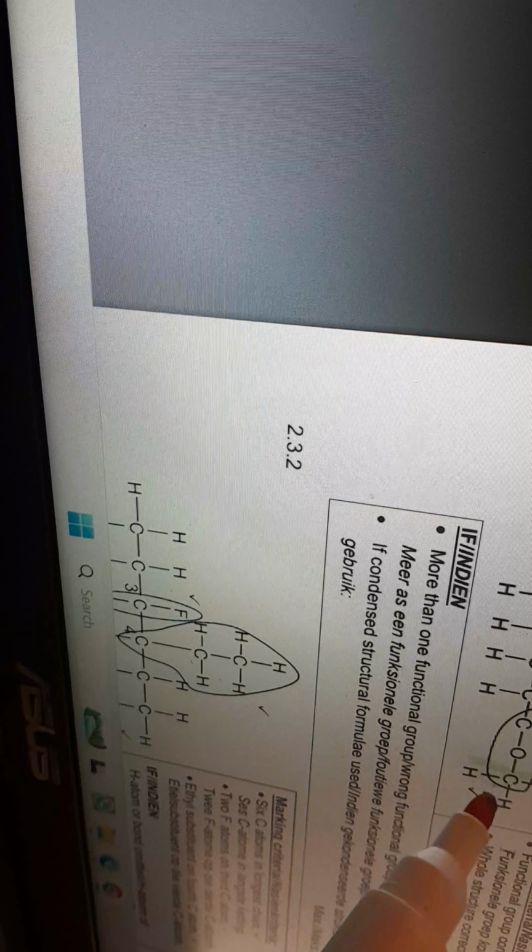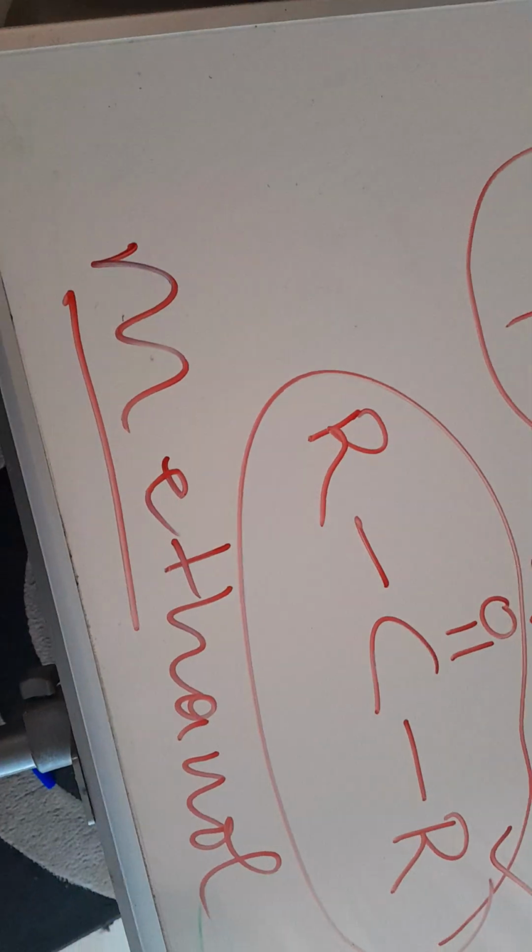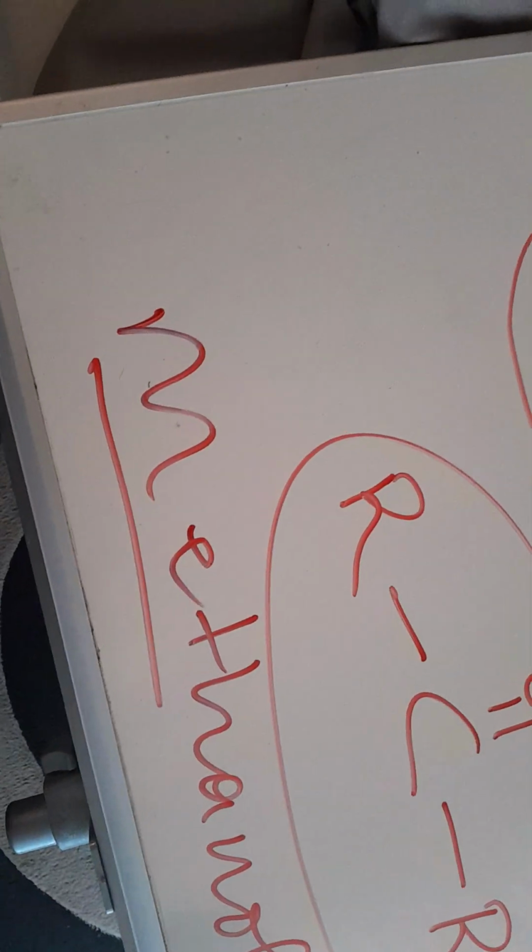And we see that this comes from the carboxylic acid, and this comes from the alcohol. So it comes from an alcohol with 1 carbon, which is methanol. So the answer to that one there is methanol, a 1 carbon alcohol. Yes.